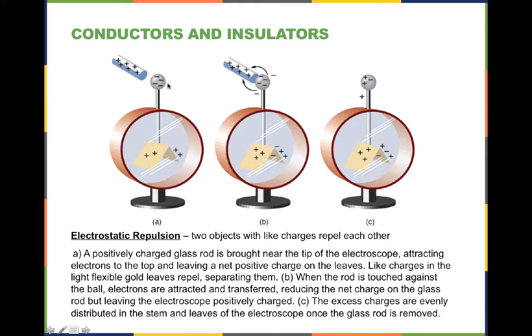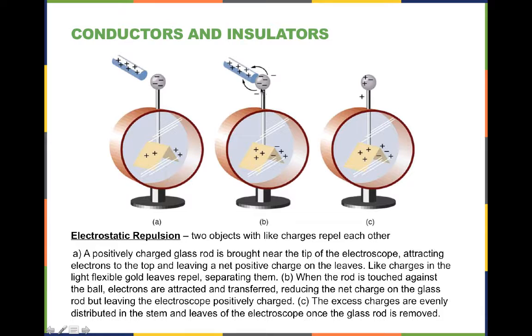In situation A, you start out with a positive rod that attracts negative electrons to this part. This leaves only positives in these foil leaves, and because positives repel, these leaves separate. And so you know that this has to be charged because it resulted in this reaction.